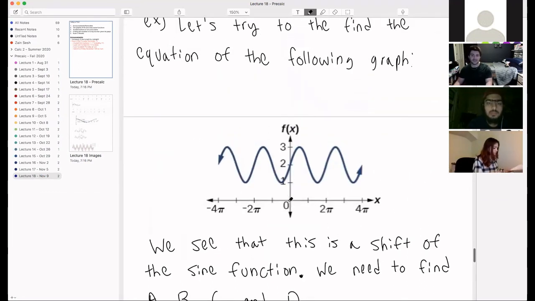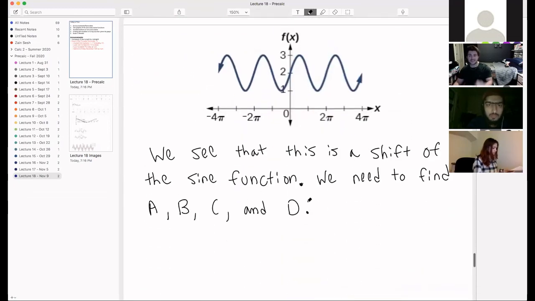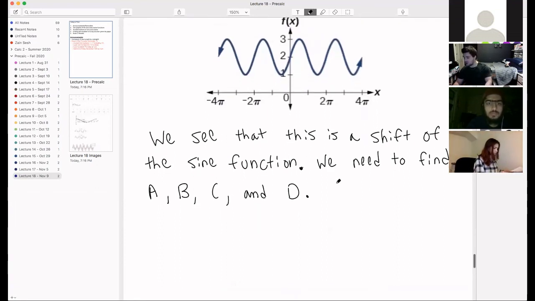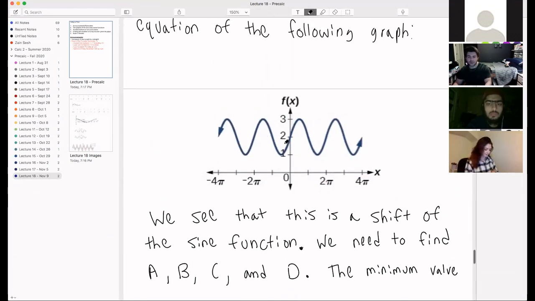So the midline, as I just said above, is going to sit exactly halfway between the minimum and maximum values. So that's the nice thing about this. Right, so the minimum value for this graph, we just need to look at the smallest y value that this graph is hitting, and that's 1.